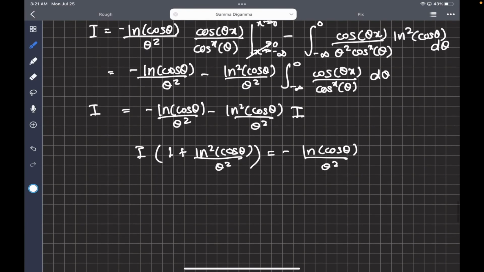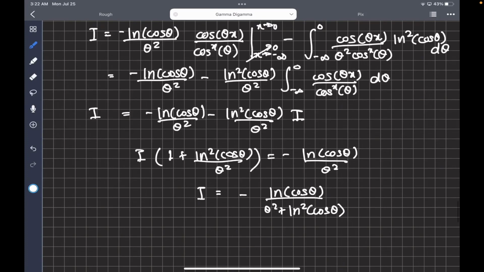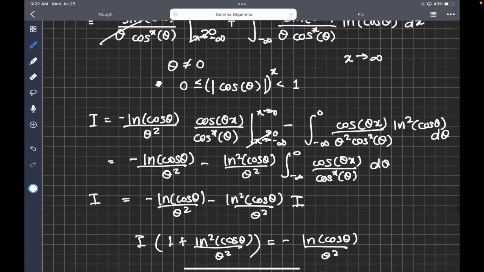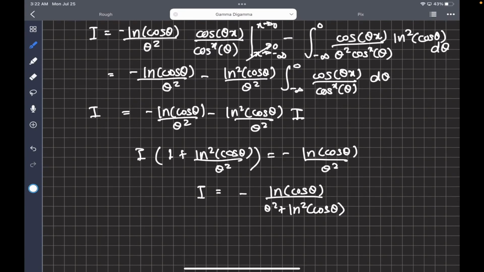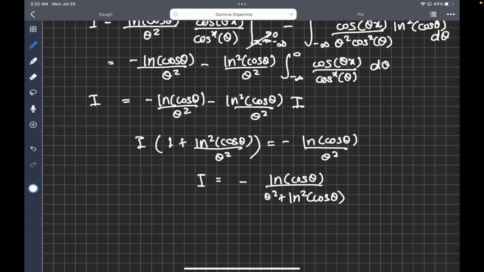The theta squared will cancel on both sides of this equation to give us I equals minus natural log of cosine theta over 1 plus natural log squared of cosine theta, theta belonging to that range, because we cannot have some issues going down in these natural logs. We can't have them going to 0, so maybe the restriction is not 0 to 2 pi, it's some disjoint set probably. Anyways, this is the answer.